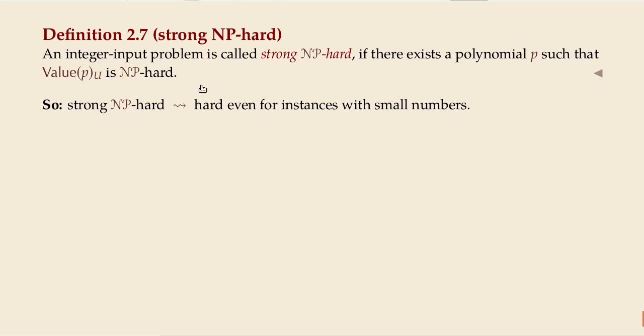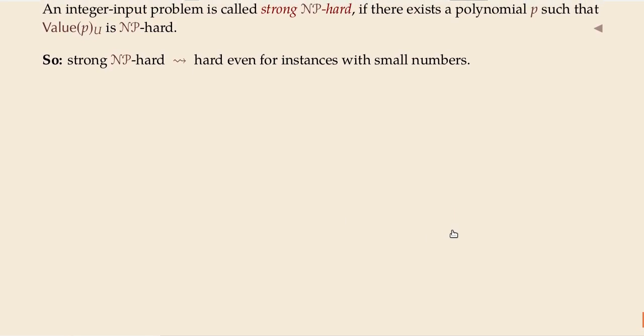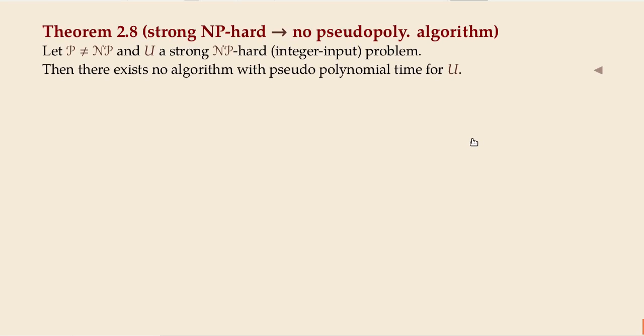But the definition, first of all, is it's strong NP-hard if there is any polynomial so that the value problem is hard. Now, if a problem is strongly NP-hard, then we will not have a pseudopolynomial algorithm. That's the last thing that we are proving today. So the formal statement is: unless P is NP, if U is strong NP-hard, then we will not find a pseudopolynomial algorithm.